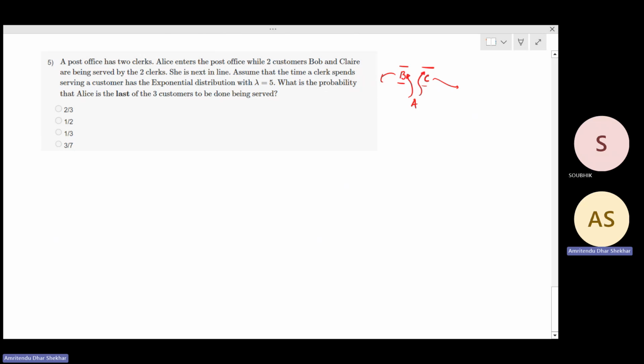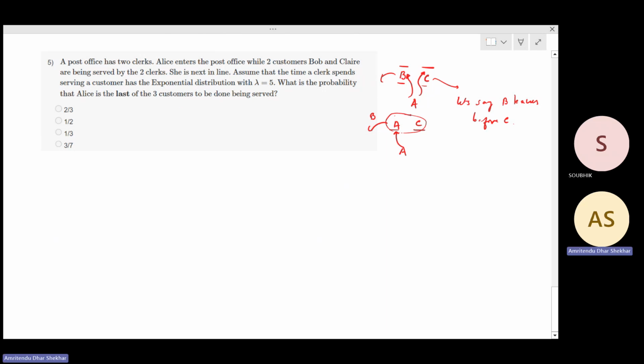Now the question is, what is the probability that Alice is the last of the three customers being served? Essentially, let's say B leaves first, B leaves before C. Then A goes and joins the place B has left, so A and C are now currently at the counters.